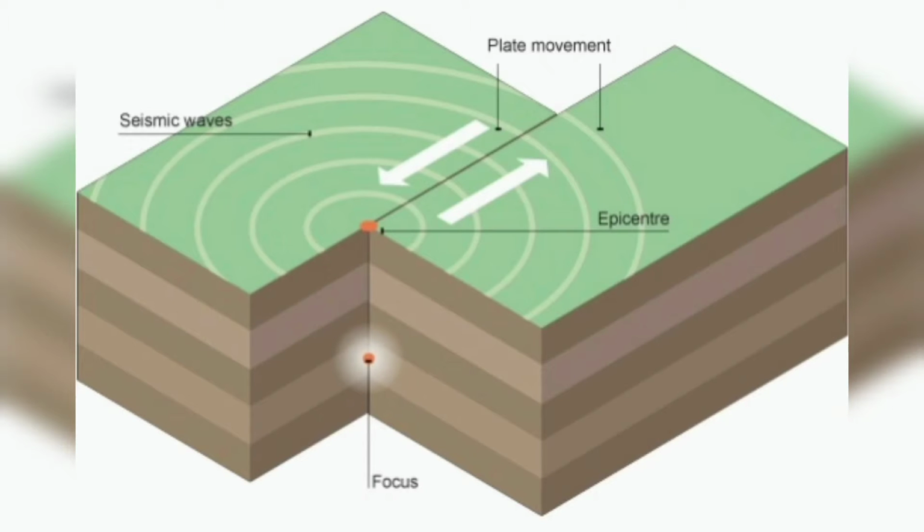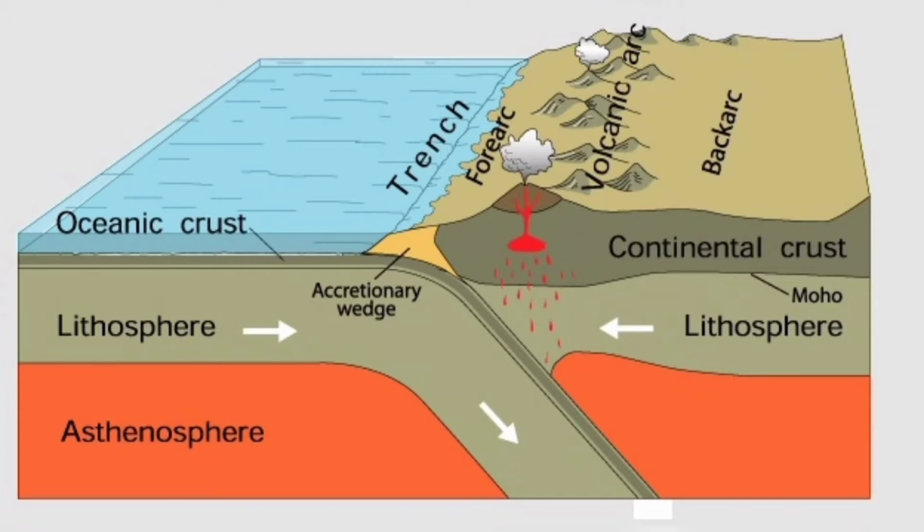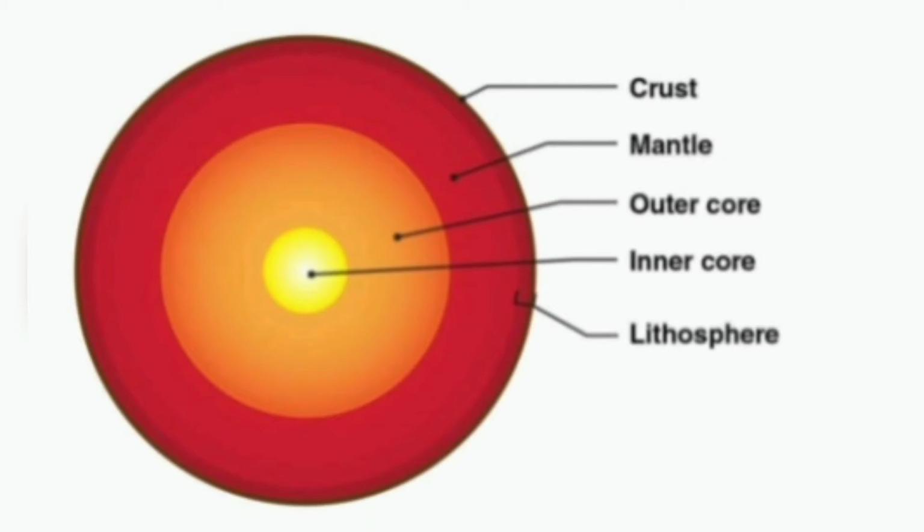Why do earthquakes happen? Although the Earth looks like a pretty solid place from the surface, it's actually extremely active just below the surface. The Earth is made of four basic layers: a solid crust, a hot nearly solid mantle, a liquid outer core, and a solid inner core.